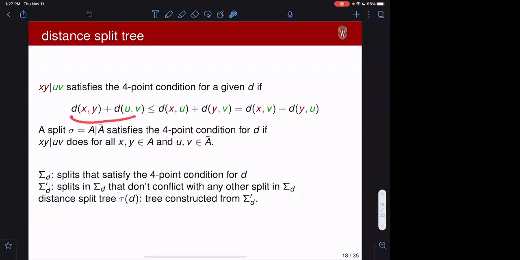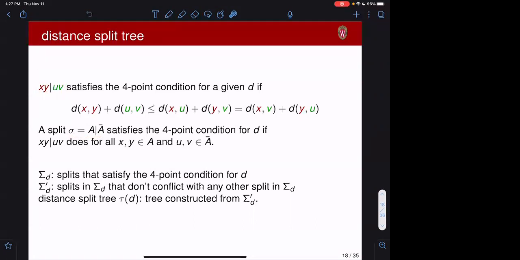So this is smaller than distance of xu plus yv or xv plus yu. And if these two are equal, right? And so on a tree, everybody knows it's true, it happens. And a split on the full taxon set would be said to satisfy the 4-point condition if for any 4 taxa, 2 on one side and 2 on the other side, the 4-point condition is met.